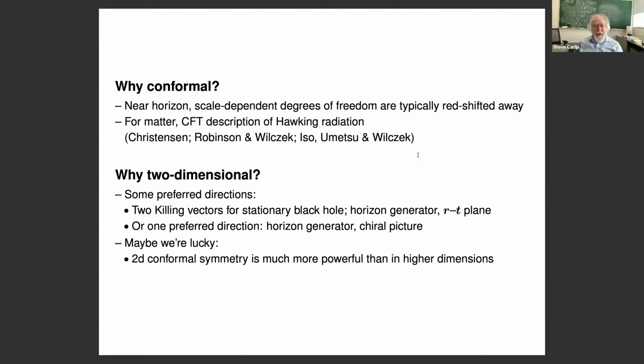On the other hand, the real reason to look for 2 dimensions, to be honest about this, is that maybe we're lucky that there is this possibility of two-dimensional symmetries determining black hole density of states. So let's see if it can work.